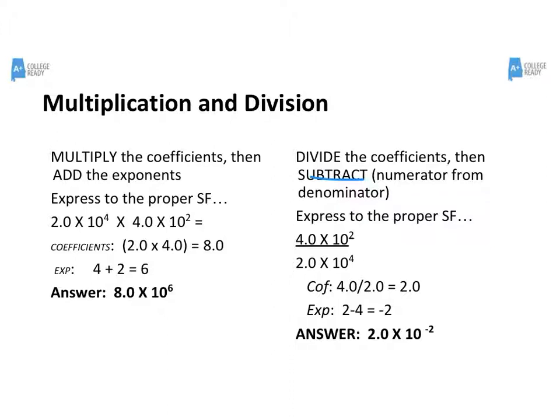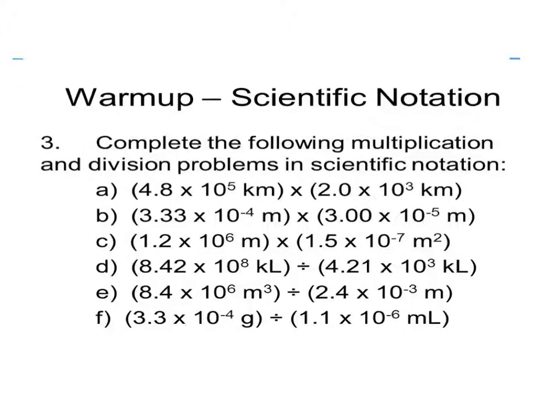This really shouldn't be numerator from denominator. It should be numerator minus denominator. So you want to take this 2 minus the 4. 2 minus 4 gets you a negative 2. That's going to be your exponent. All right, here's some examples for you to try. We'll go over them after you give them a shot.